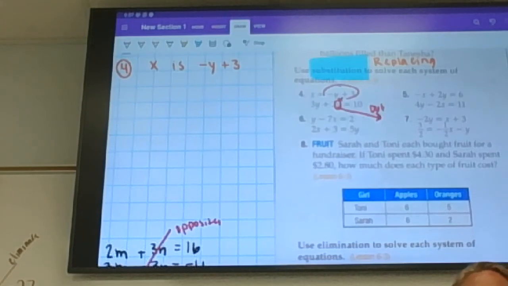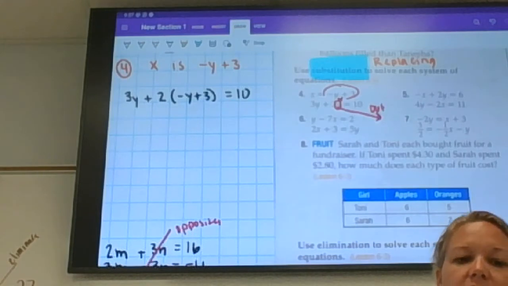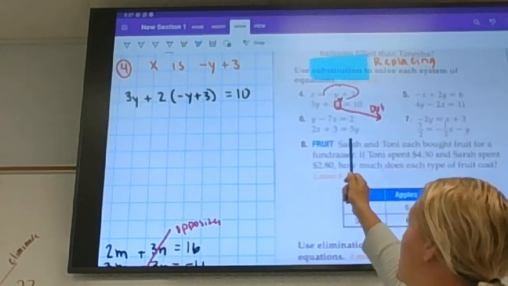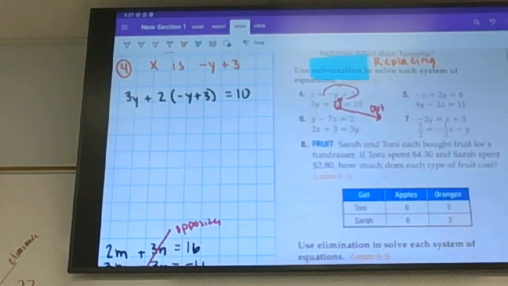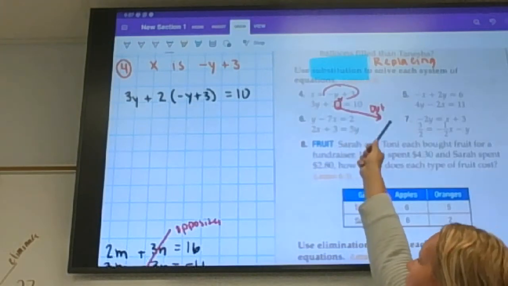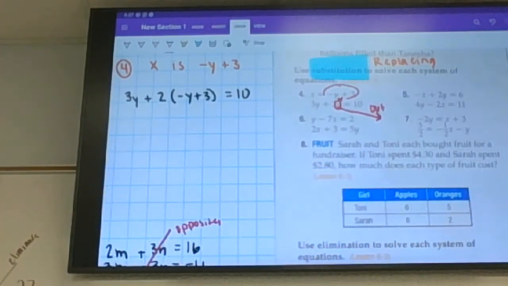You guys remember doing that before? Taking one thing out and putting something else in? So it's 3y plus 2 parentheses negative y plus 3 equals 10. We're substituting whatever x is right into the equation. This is number 4 in your book. You take the x out and you replace the expression in. Then solve. So now distribute. Try to solve it before me.